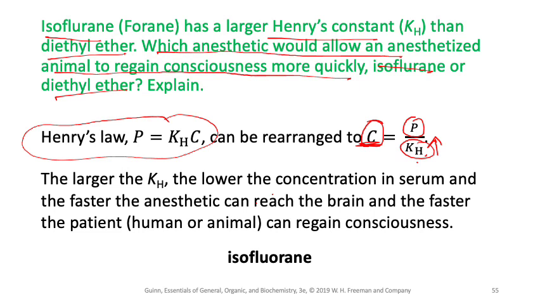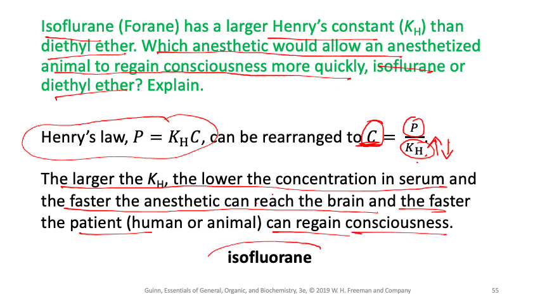Compared to one with a smaller Kh, more of the gas is dissolved in the blood, and you need more time before that anesthetic goes to the brain. So the larger the Kh, the lower the concentration in serum, the faster the anesthetic can reach the brain, and the faster the patient can regain consciousness. So the answer is isoflurane. This is how you can predict.